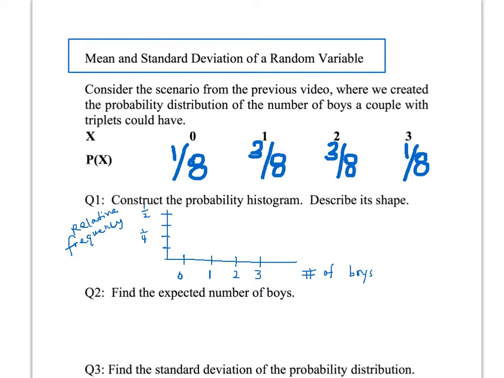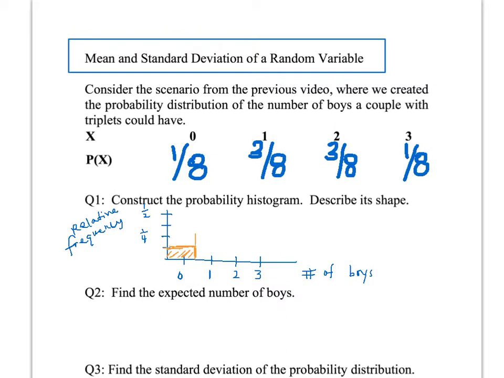So from the 0, I would go up to 1/8, and I would have a bar that's about that tall. And then for values of 1 and 2, I'm going to go up to 3/8. Actually, my bar was too tall. Let's try this again. So this is 1/8 for 0. That's better.